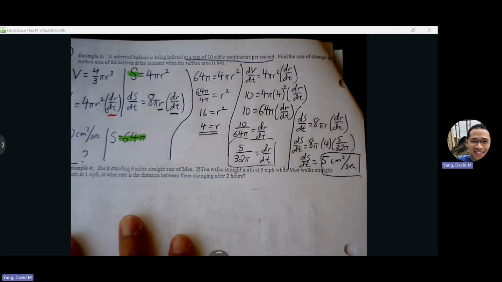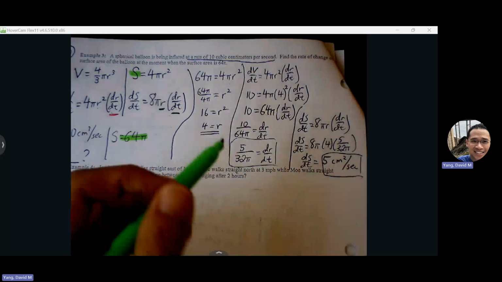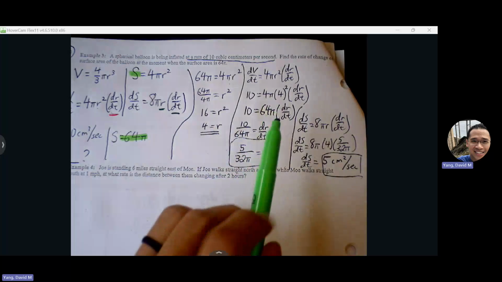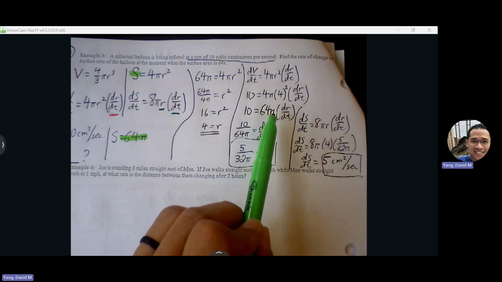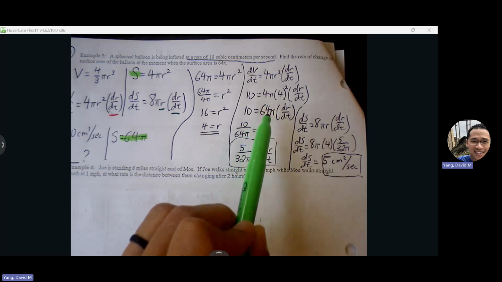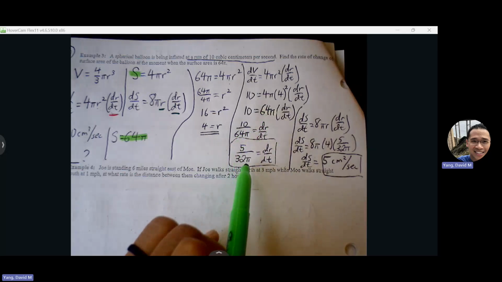I do want to point out a trouble spot that students experience when they do reducing here. I think whenever we see pi, our tendency is we're more used to seeing pi in the numerator, right? So if you're dividing by that 64 pi, that pi needs to stay in the denominator.